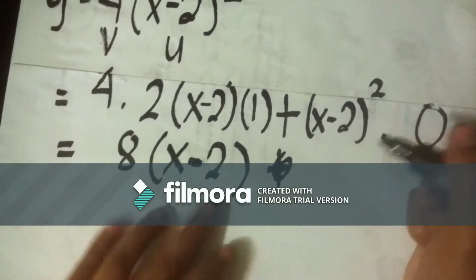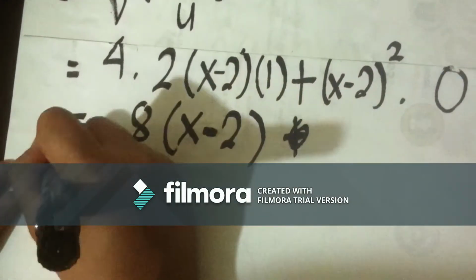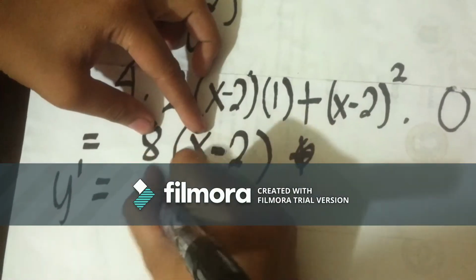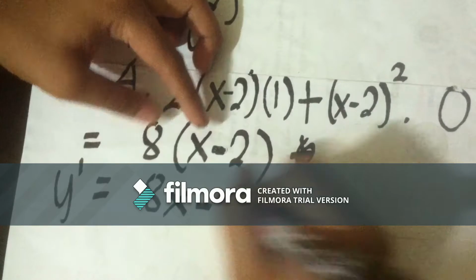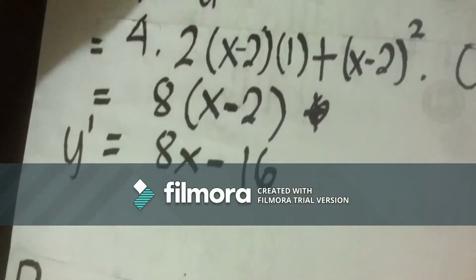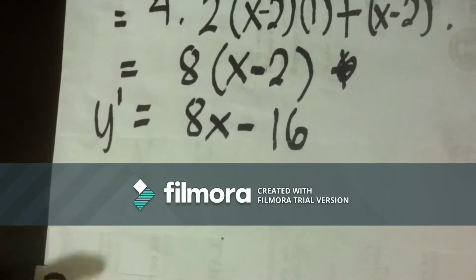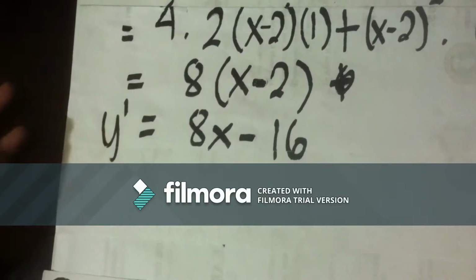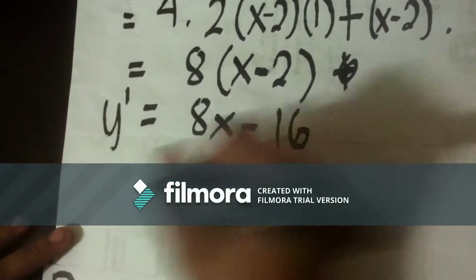So our first derivative, or y prime, is 8x minus 16. So the next step that we have to do, since we already have our first derivative, is to let y prime be 0.